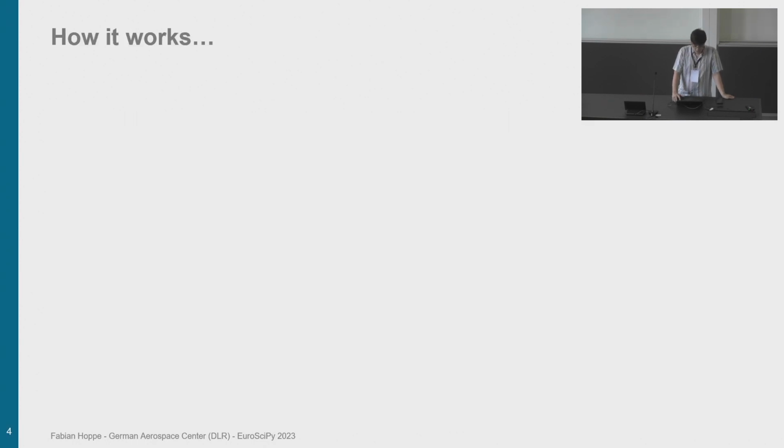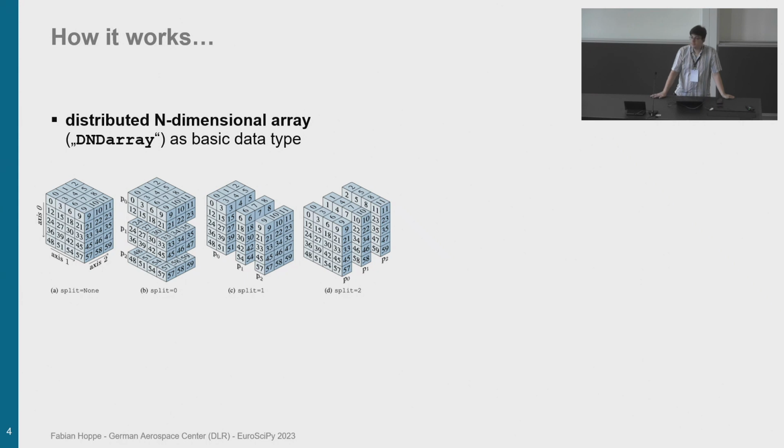So a brief overview, how does it work? The idea is that as the basic data structure, we need some kind of replacement for a NumPy array, an n-dimensional array, and this has to be memory distributed.